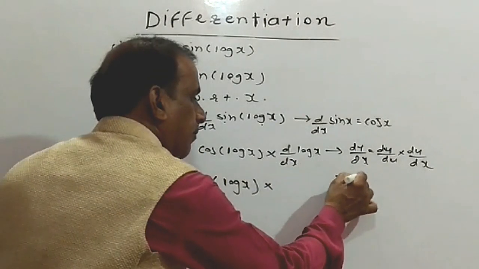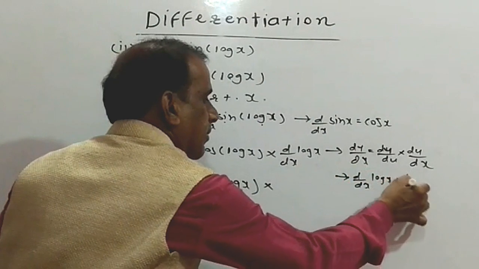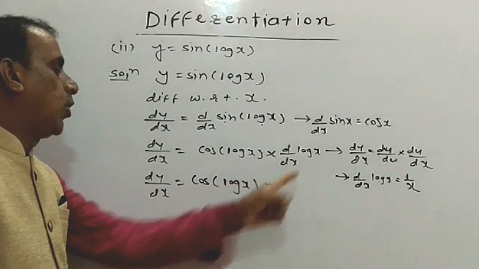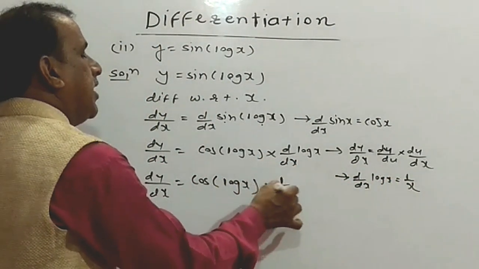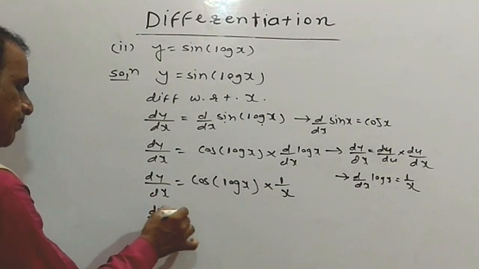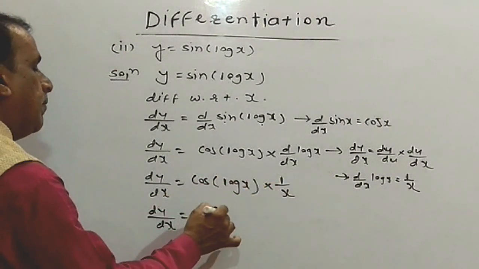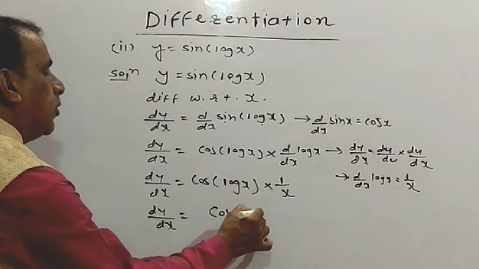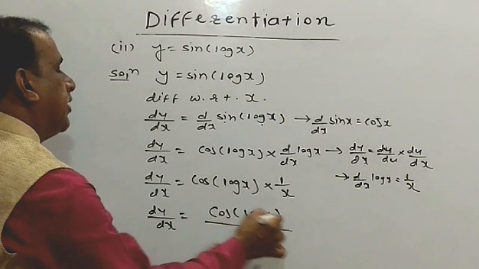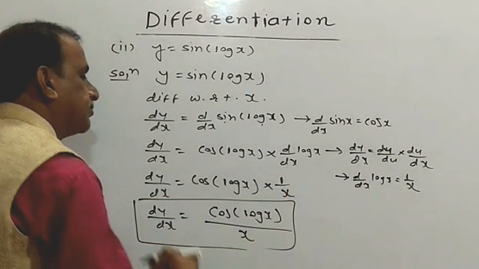Apply this formula: derivative of log of x is equal to 1 divided by x. Means dy divided by dx is equal to cos log of x into 1, means cos log of x divided by x. This is the final answer.